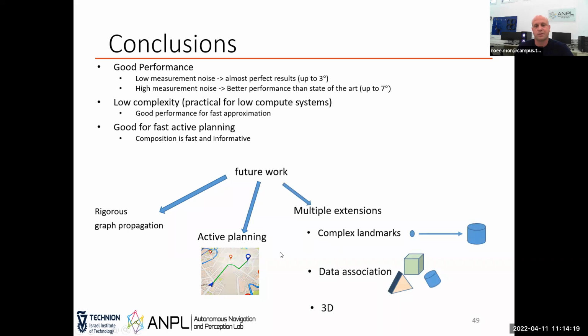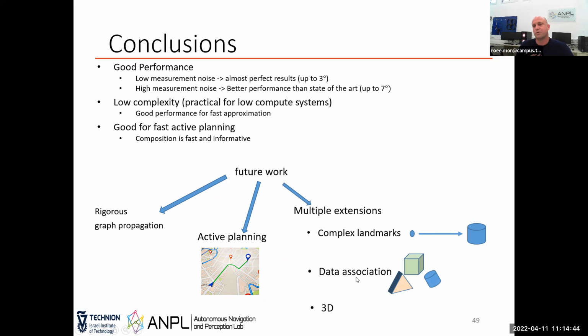for autonomous systems. And then you can also expand this work on the basic level for handling complex landmarks. So we handle only point landmarks, but if they have volume, then you can find a way to do it. And you can try to take into account data association.